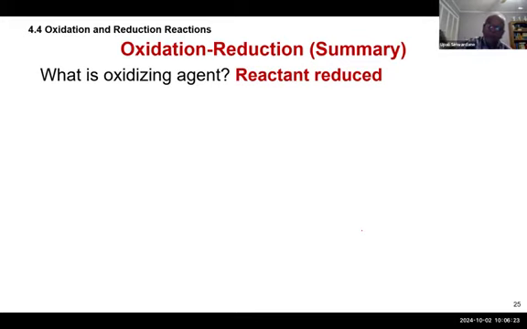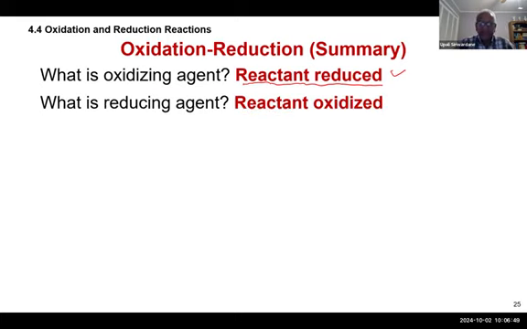When one of the reactants is reduced, it can oxidize another reactant. Therefore, the one that gets reduced is called the oxidizing agent. This is also true: if a reactant in a redox chemical reaction is oxidized, it's called the reducing agent.